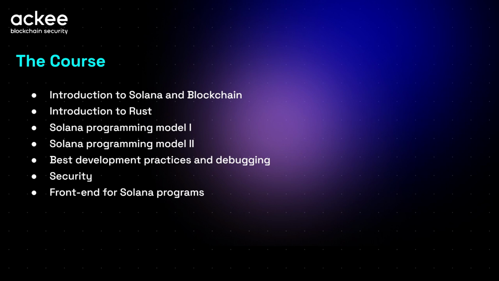Then in the third week, we will apply the Rust experience to Solana programs, as Solana uses Rust for smart contracts. We are going to have 2 lessons about programming, Solana Programming Model 1 and Solana Programming Model 2. Then the remaining lessons are going to be about best development practices and debugging, so how to actually debug your Solana programs.